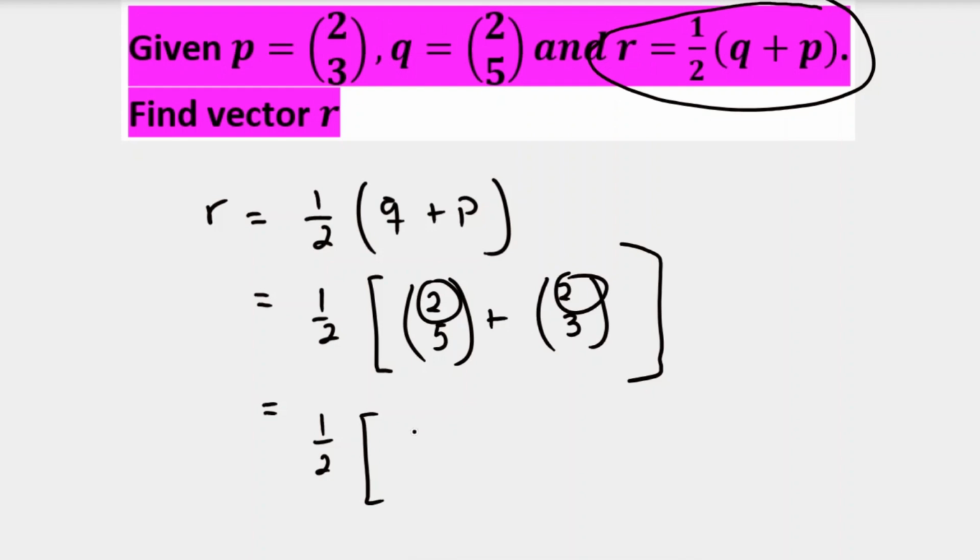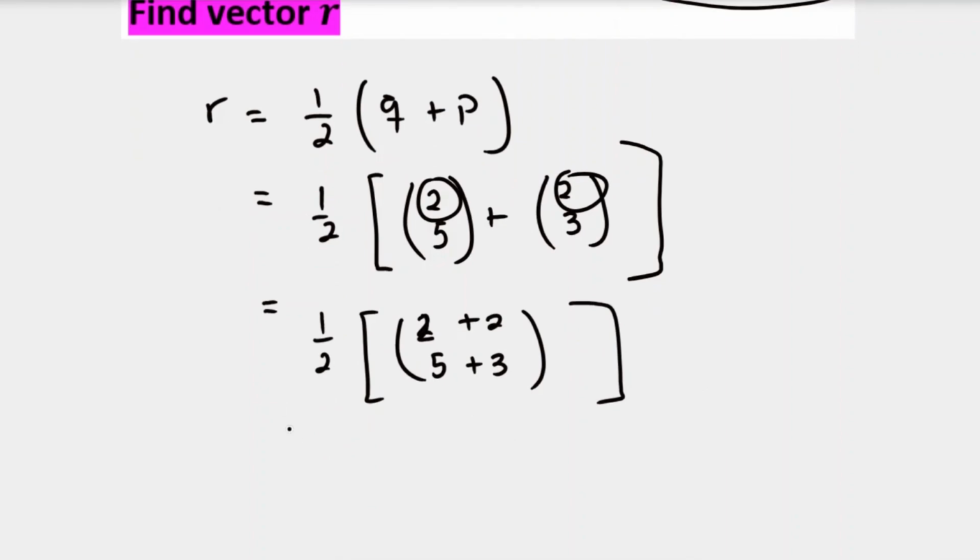So we're going to get the component 2 plus 2. When we come to the y component, we have 5 plus 3. So that is how we can set up everything. Now we can simplify to get this. 2 plus 2 will give me 4, and 5 plus 3 will give me 8.